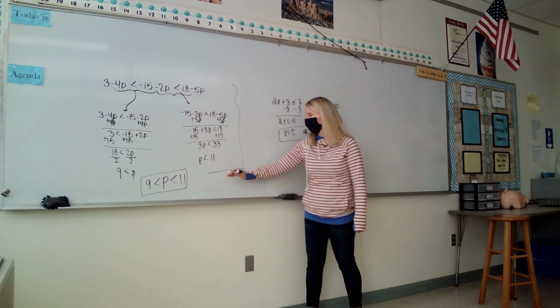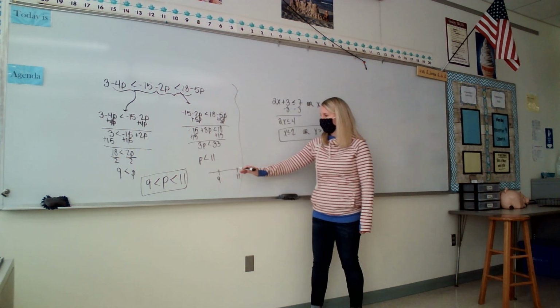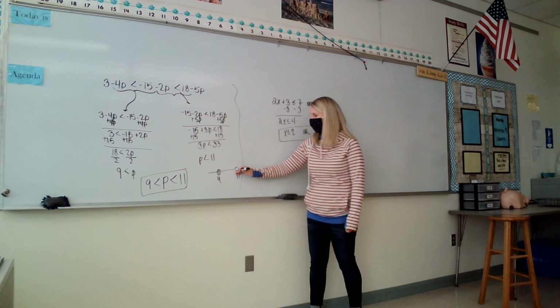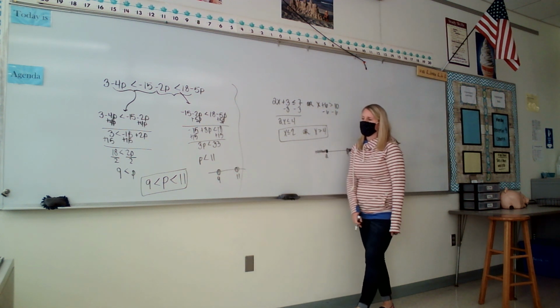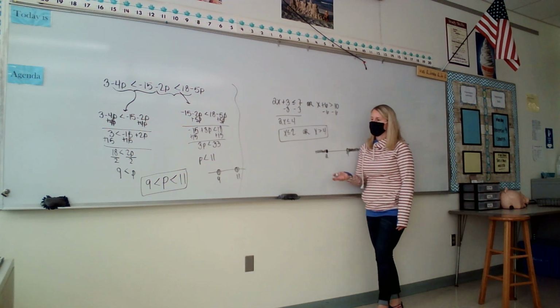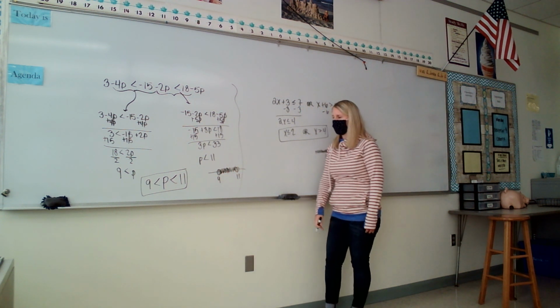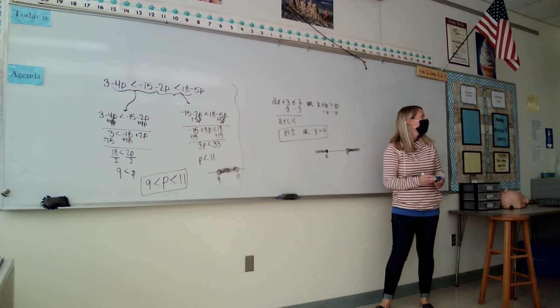And the graph, you would have 9 and 11. They would both be open circles. When they're connected like that, we say and, so they're happening at the same time. So p is greater than 9 and less than 11. Those types will always meet in the middle. We'll talk about that more tomorrow.